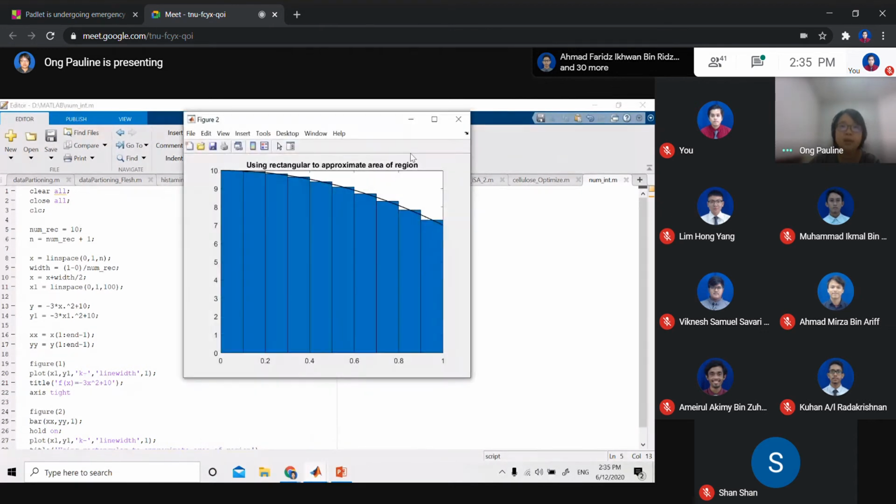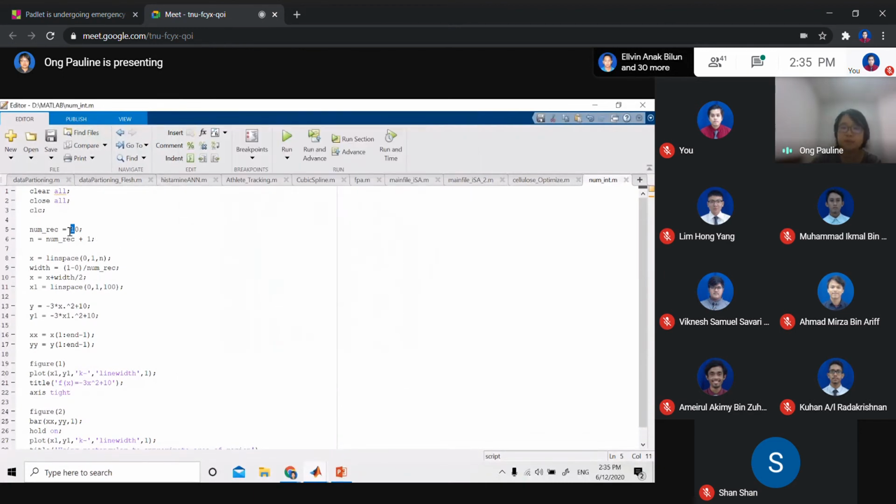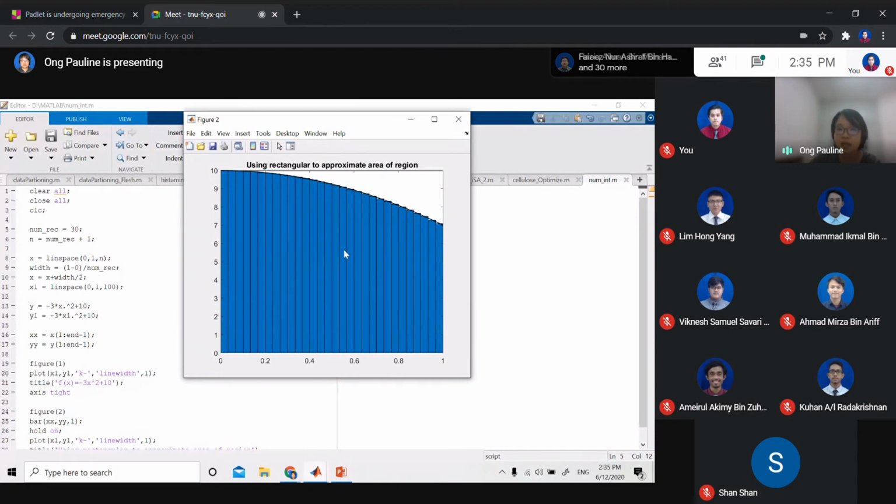This is the answer by using 10 rectangles, where you will see that the approximation improves, but there are still some white spaces here. Now let us increase to 30 rectangles. You will see that the answer is even better, but there are still some white spaces.